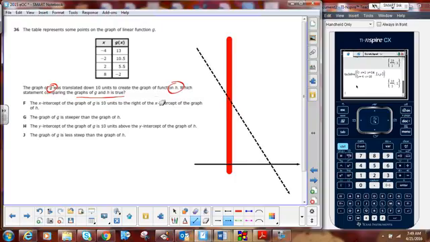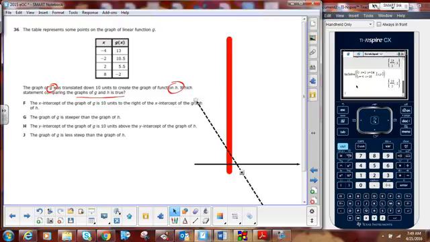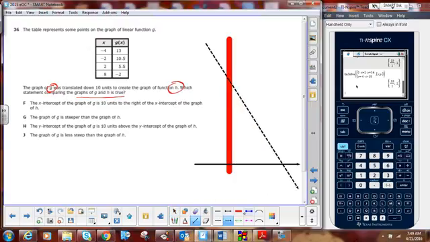It's going down, you can see it. This is the line. What happened to this line? It moved 10 units down, from this position to this position, to create a new graph they want to call H.